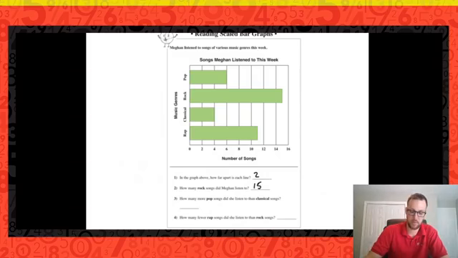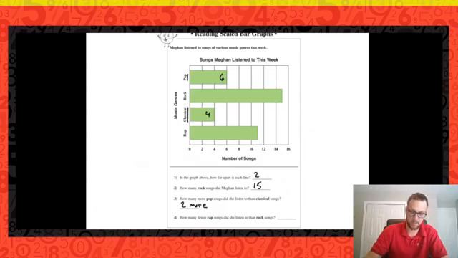Number 3, how many more pop songs did she listen to than classical songs? So I've got pop and classical. Looks like she listened to 6 pop songs and 4 classical songs. So how much more is 6 than 4? 2 more.